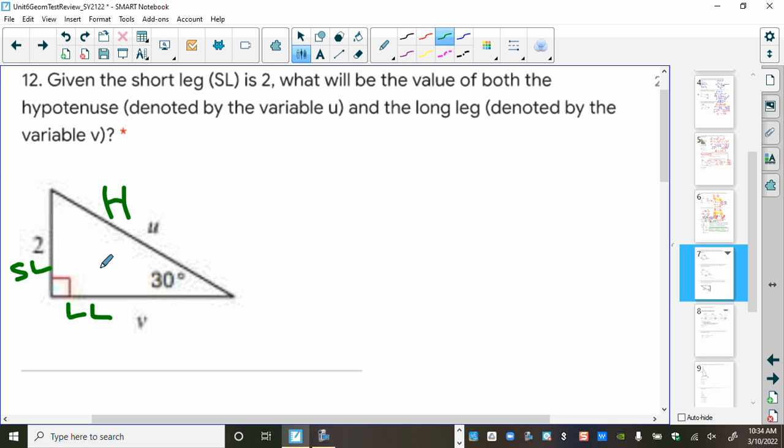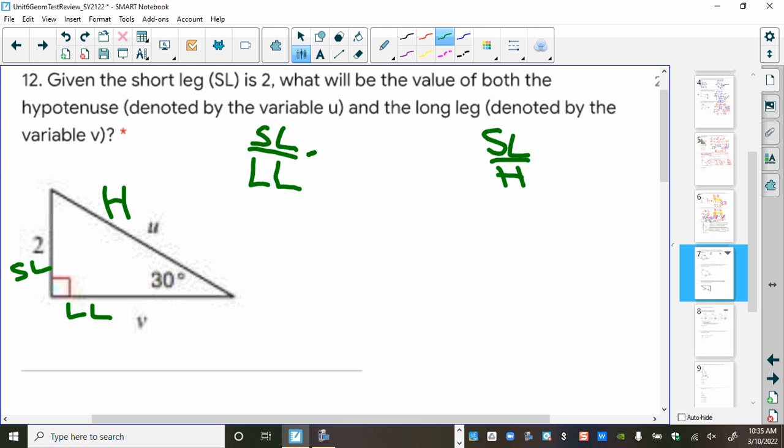Which one has an actual number? Short leg. So here's what we're going to do. We have to use the short leg over long leg. And then short leg over hypotenuse.